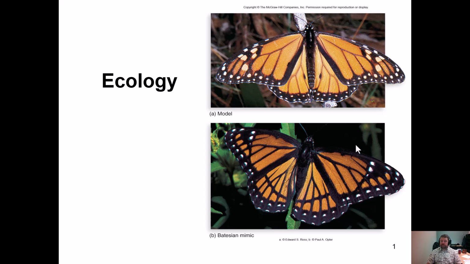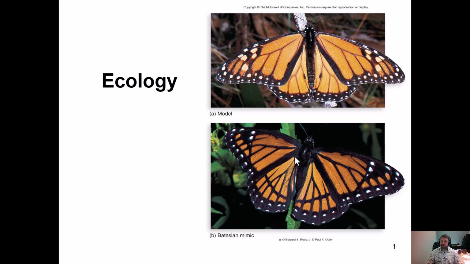Well, scientists have gone out and they know why. Monarch butterflies lay their eggs on milkweed. The caterpillar will consume the milkweed and sequester the toxins in it, and that makes monarch butterflies poisonous. Well, viceroy butterflies are not.